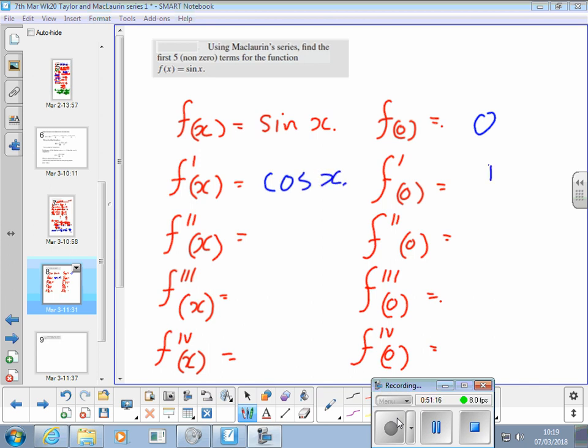The value of that when x is 0 is 1. Differential of cos x is minus sine x. The value of that at x equals 0 is nothing. Third differential, minus cos x. Value minus 1. Value of that one is nothing.